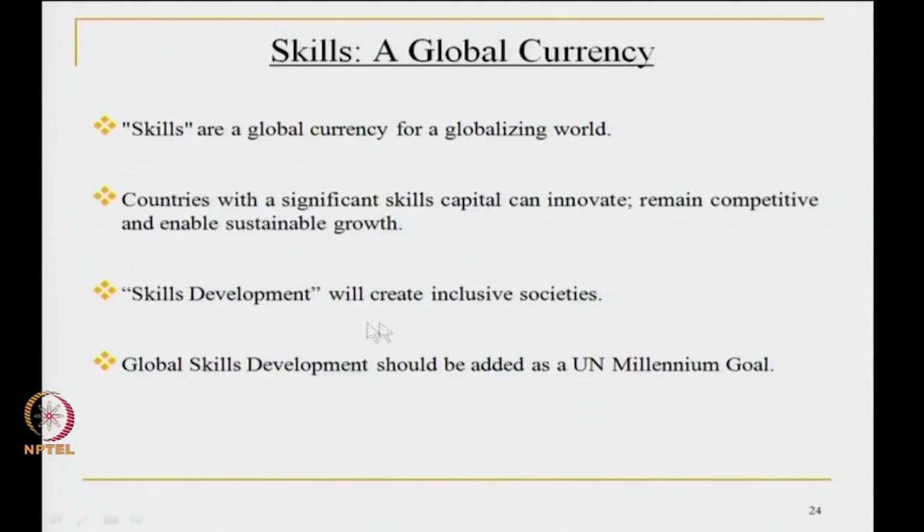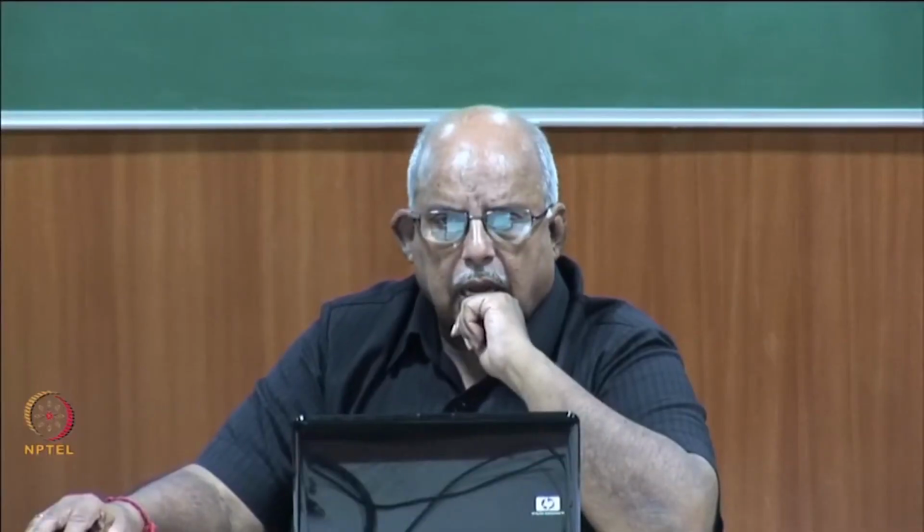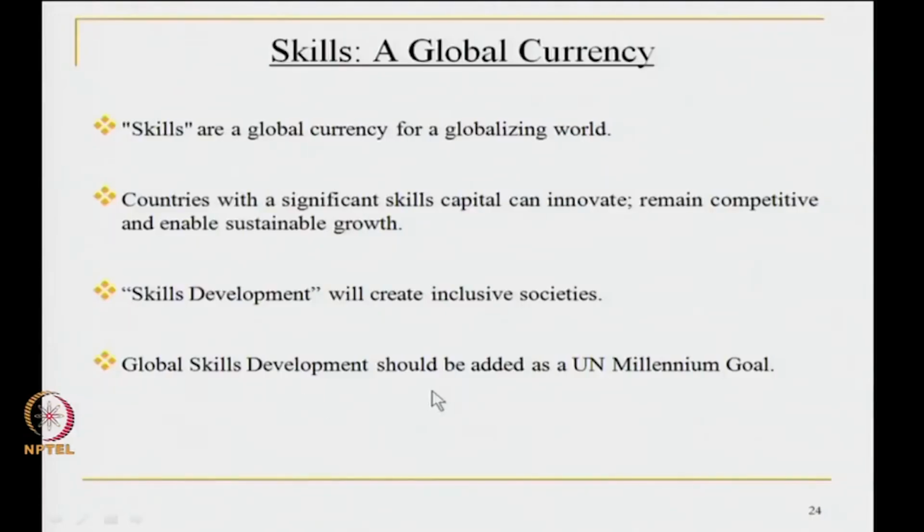Skill development will create inclusive societies, because the criteria and the touchstone of the selection would be skill and not pedigree. Skill development should be added as a UN millennium goal, but that is another story.